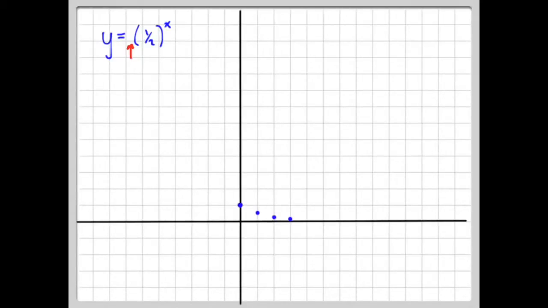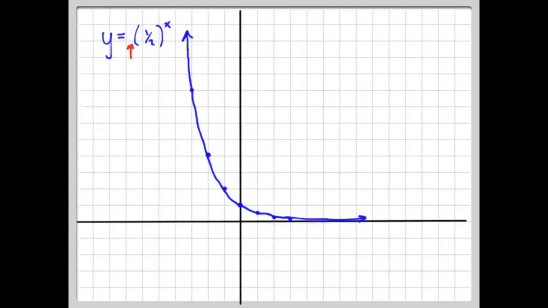And so we go from 1 up to 2, 2 up to 4, 4 to 8, 8 to 16, and so on. And so we get a function that starts very high on the left side of the graph and decays.